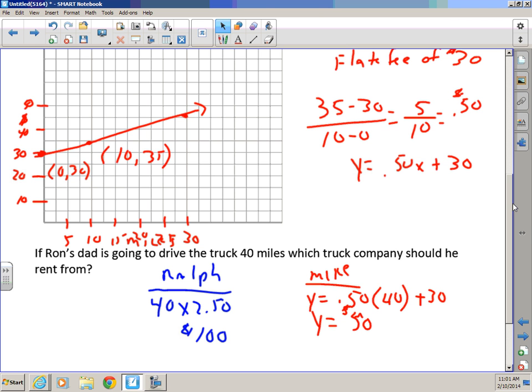Okay? So that's how you would compare the two. Again, the focus throughout all of this is identifying and understanding and relating to actual facts what the slope means, that rate of change, and the y-intercept, that initial amount, and what they are.